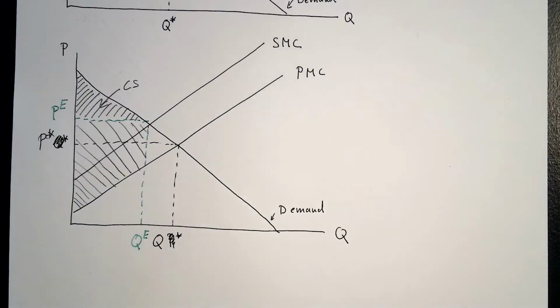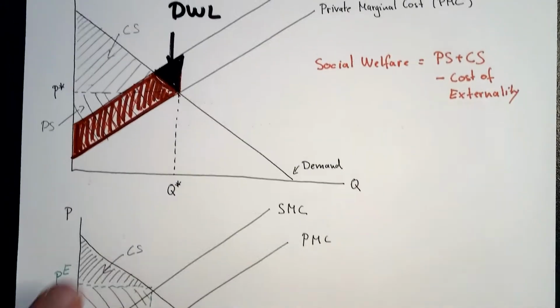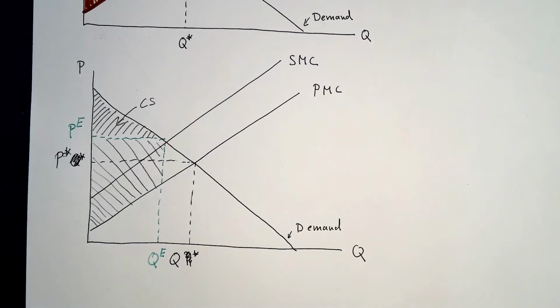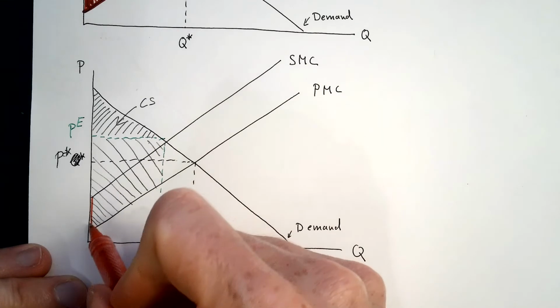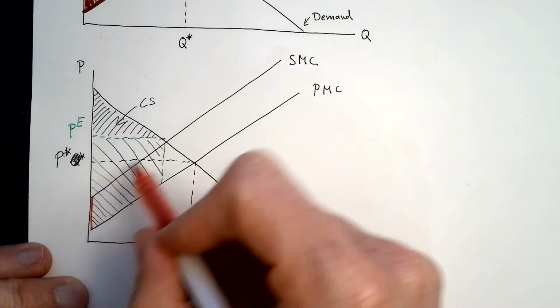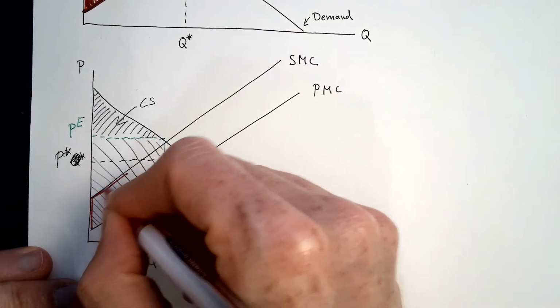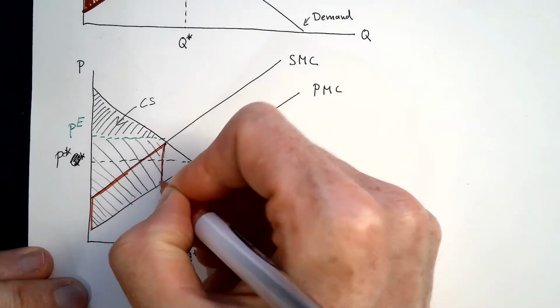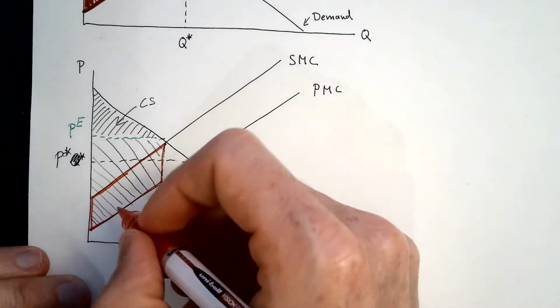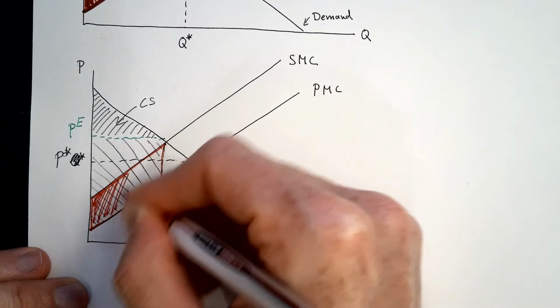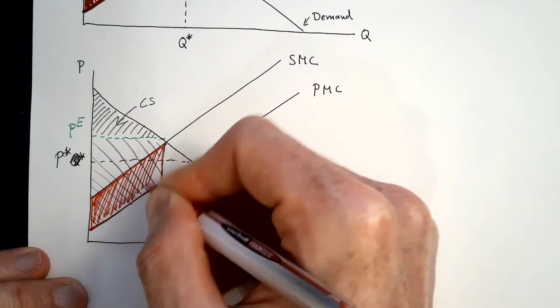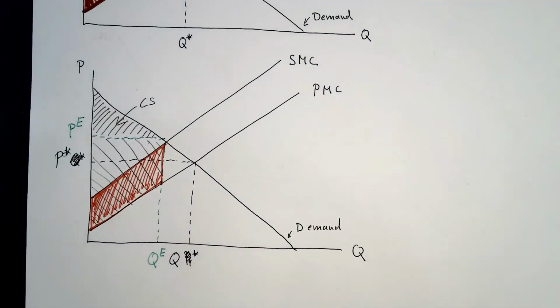But note that now, like before, we have to subtract the area between the private marginal cost and the social marginal cost. So we have to subtract from social welfare the cost of the externality. Here the cost of the externality is this area shaded in red.